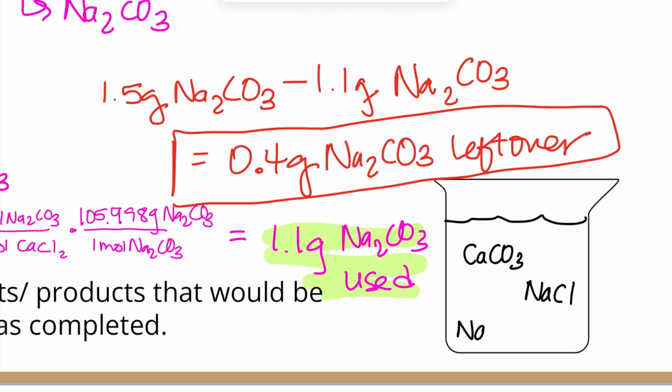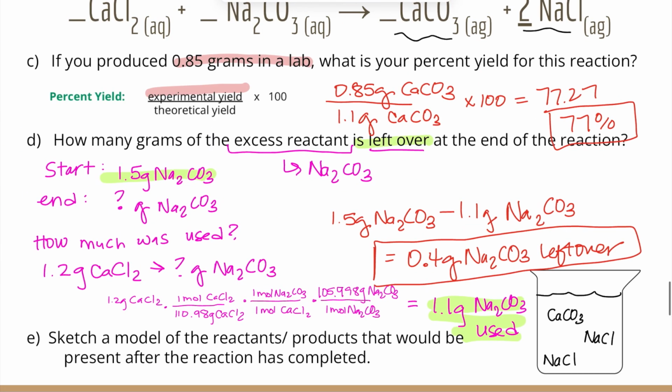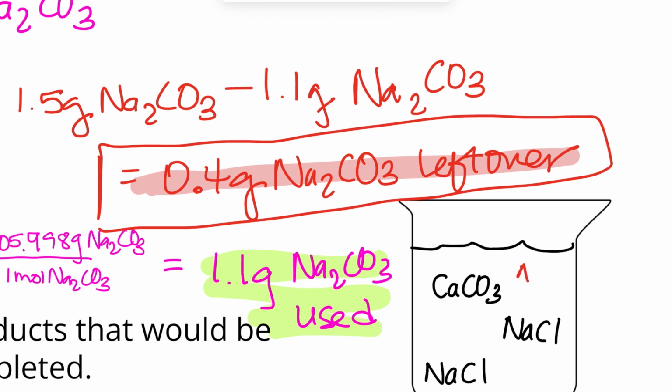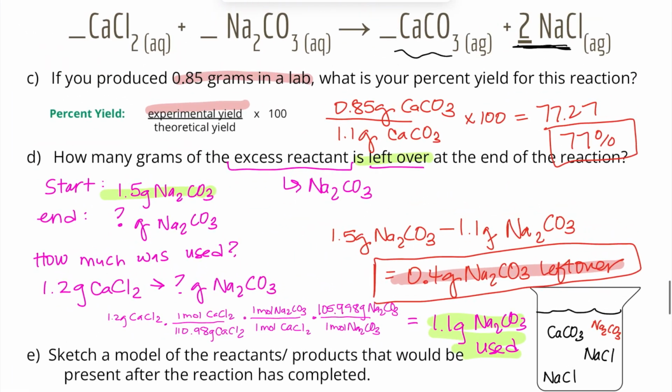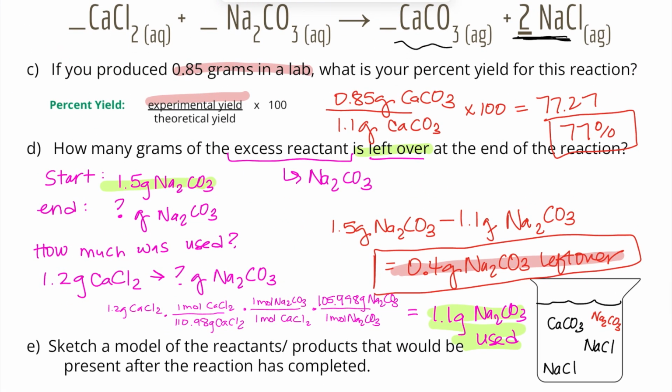I'm going to actually put two NaCl's in there because there's 2 moles of NaCl here. But we also know that we have some of this Na2CO3 left over. And so let's also put that in there, Na2CO3, to show that we had some of that left that didn't get completely used up.